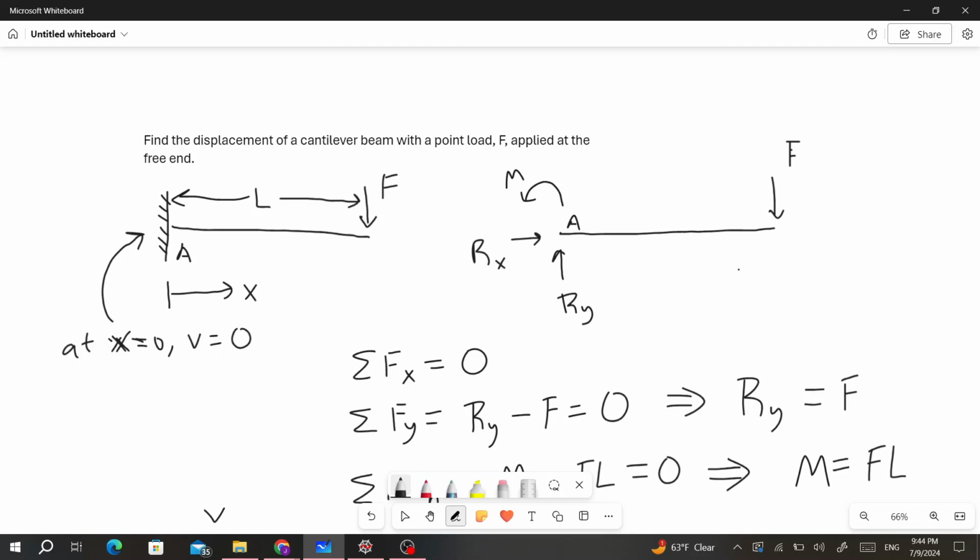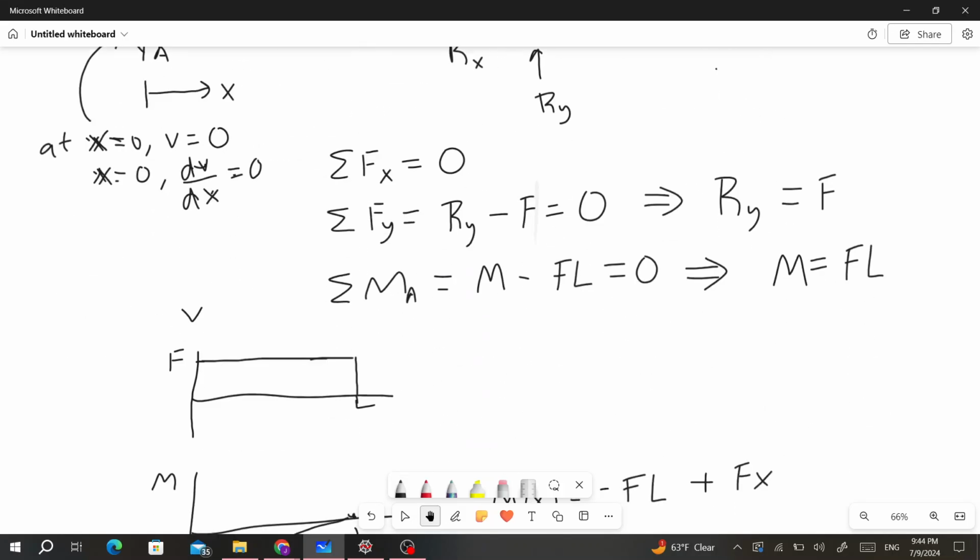We also know that at x equals 0, the slope is also equal to 0, so dv/dx equals 0.